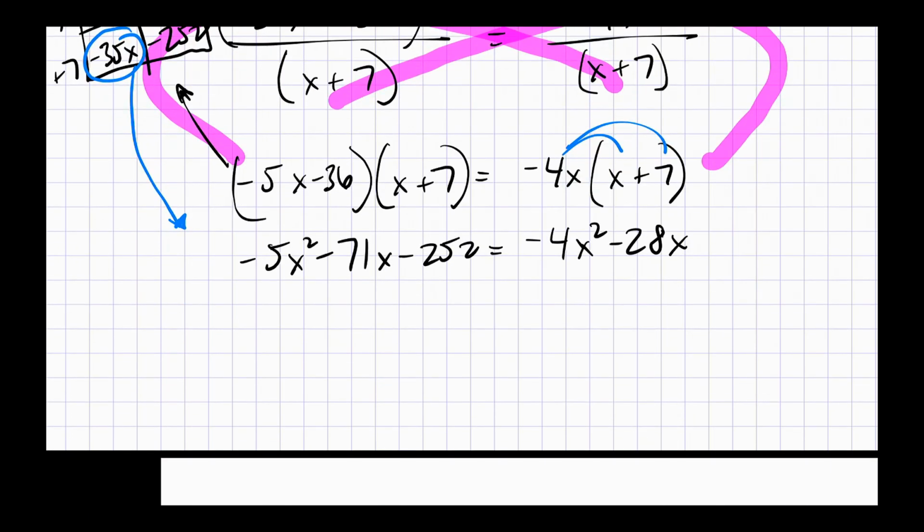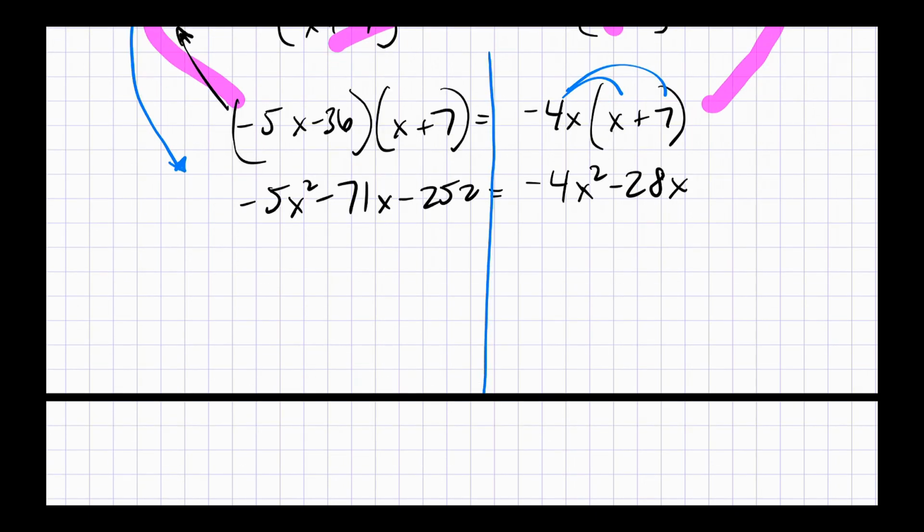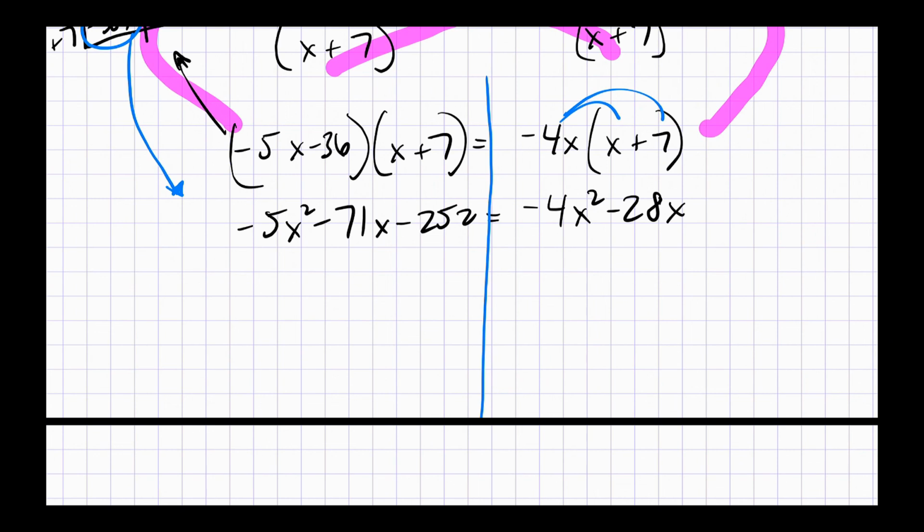All right, so now what I have to do is get everything on the same side because I see there's x squared on both sides. So I have to get everything on one side. Again, it doesn't matter if you add 5x squared to both sides first or you add 4x squared to both sides.